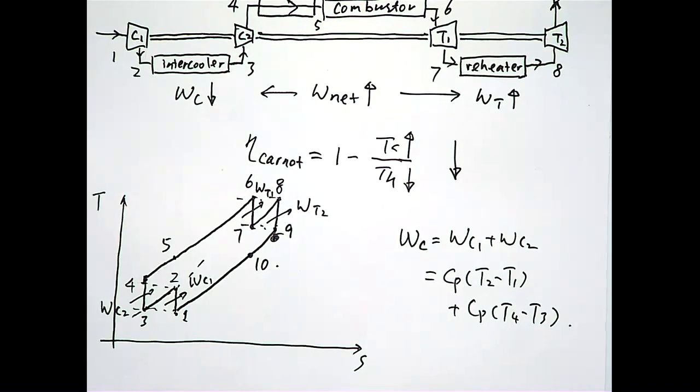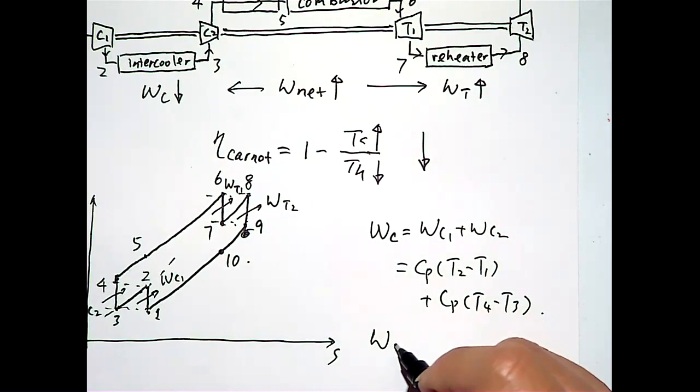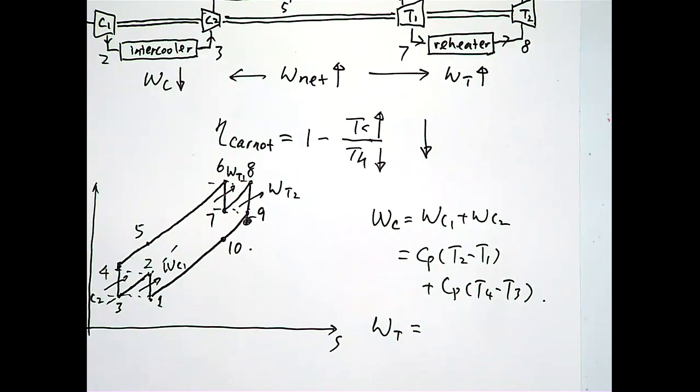Right, so that's the compressor, and the turbine is just the other way around. You would have CP (T6 minus T7) and CP (T8 minus T9).